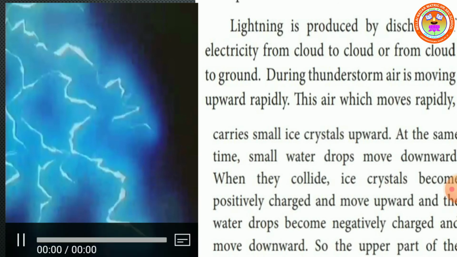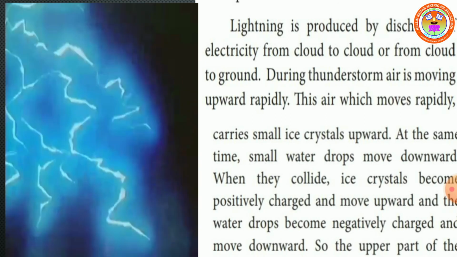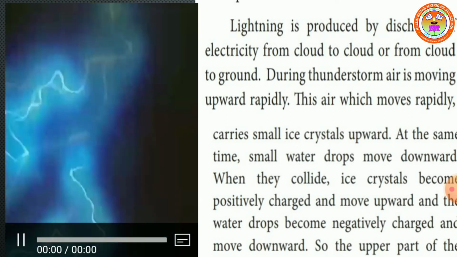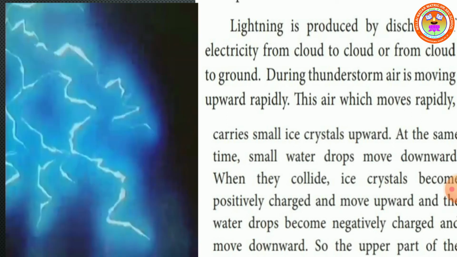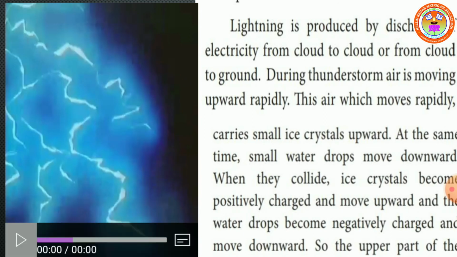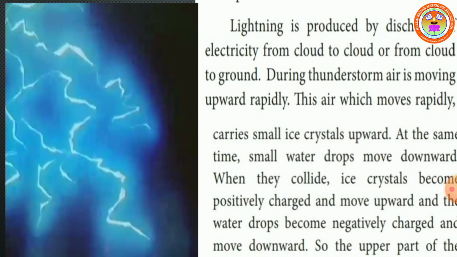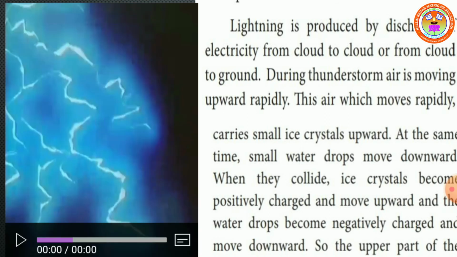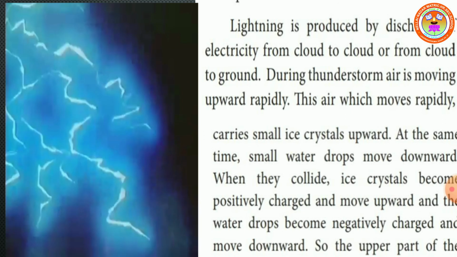Do you remember, children? That is called condensation. When they collide, ice crystals become positively charged and move upward. The water drops become negatively charged and they move, yes children, downward.